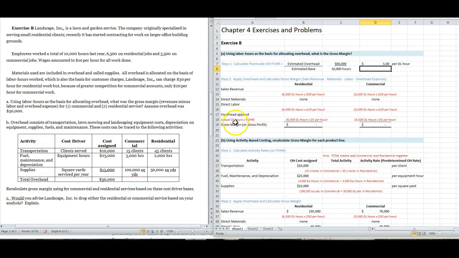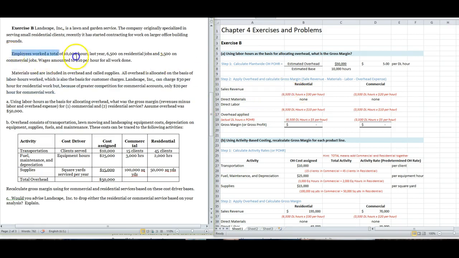When we calculate gross margin or gross profit, we need to know sales revenue, direct materials, direct labor, and overhead that we've applied. Sales revenue, it said that labor hours worked was also the basis for customer charges. It tells us that the landscape company charges $30 per hour for residential and $20 per hour for commercial.